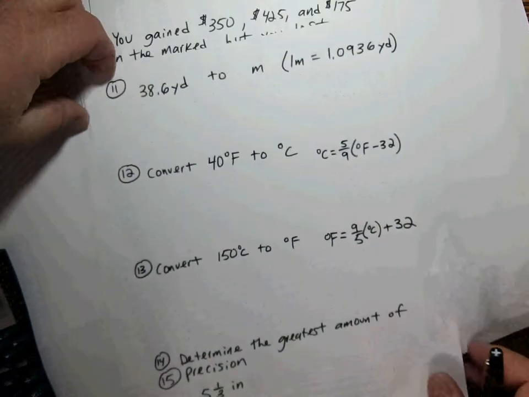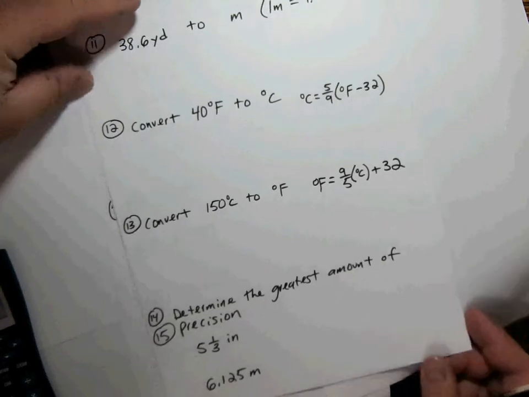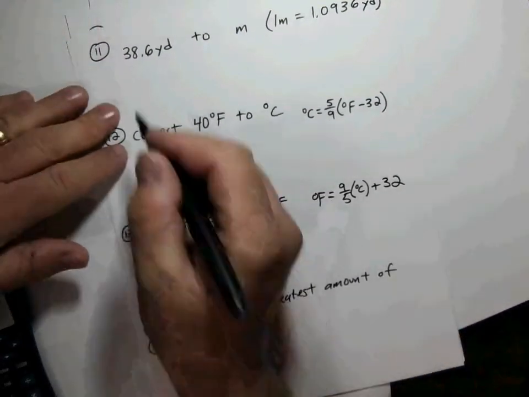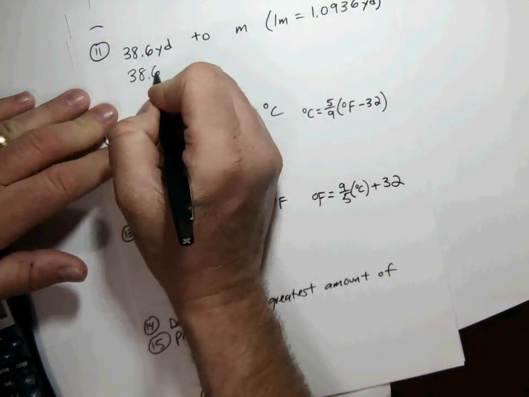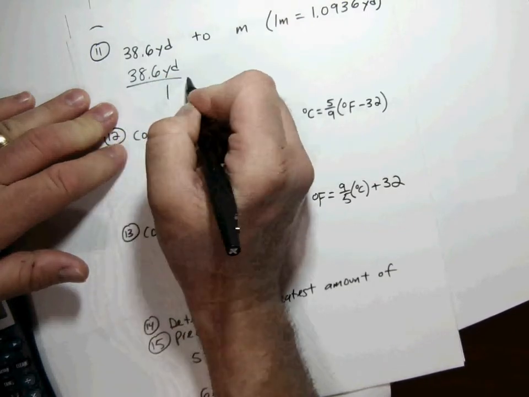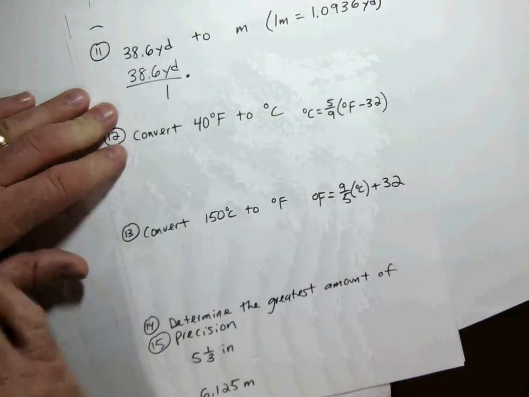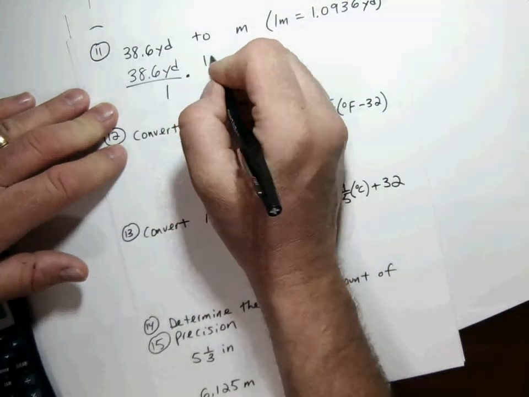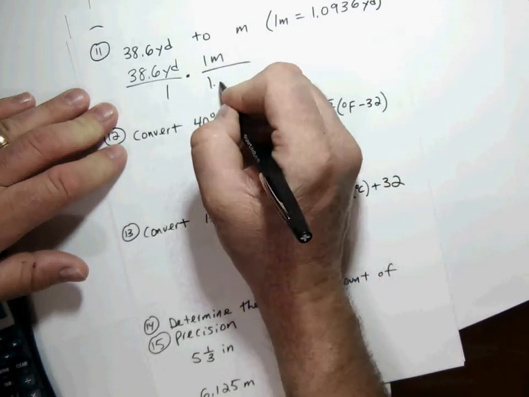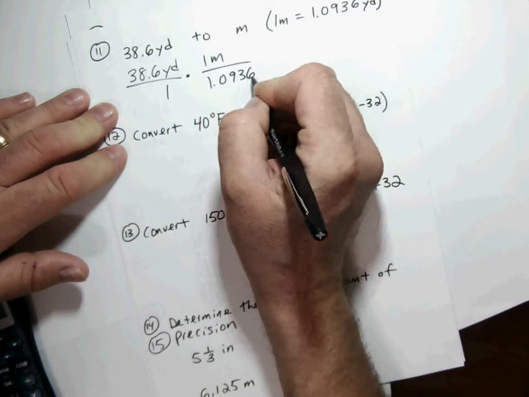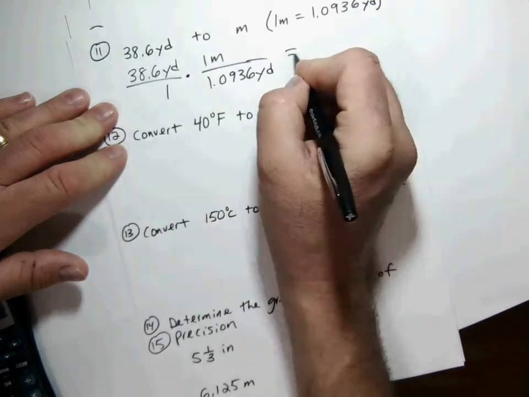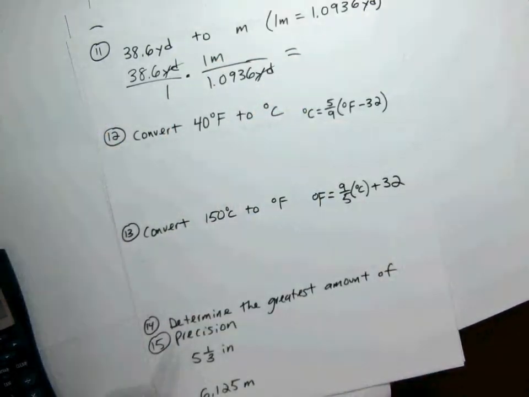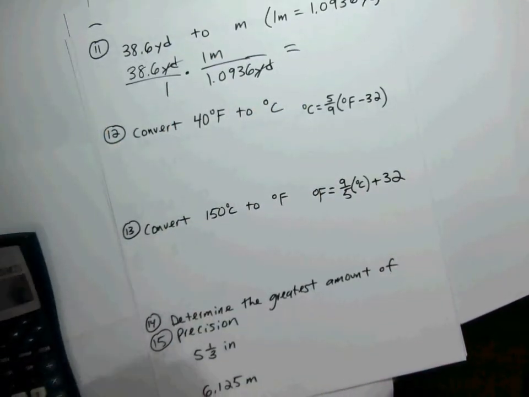Yards to meters. Yards to meters. 38.6 yards. Give it a denominator of 1. Multiply it by this unit ratio. Figure out which way I need to go. 1 meter over 1.0936 yards. Because I want the yards to cancel. That's how we know which way to put it.